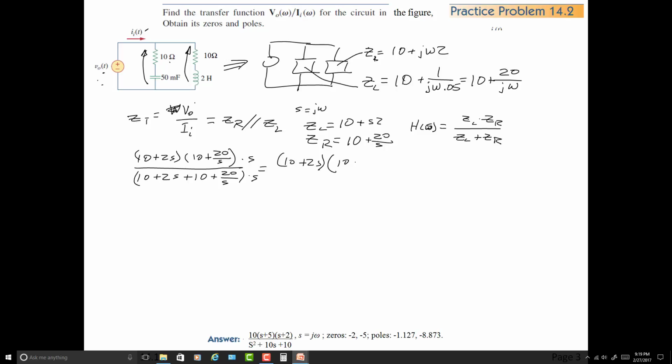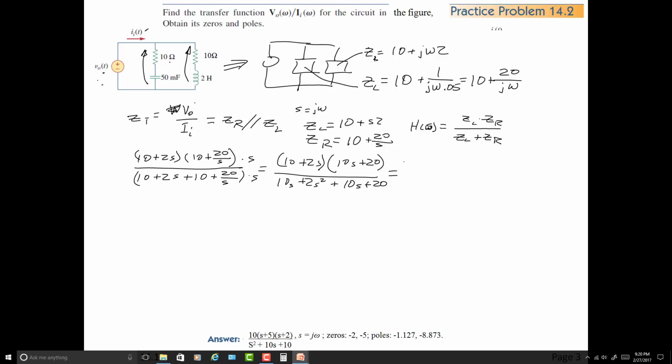And then you could have 10S plus 20, right, over. Do it again here, and we've got 10S plus 2S squared plus 10S plus 20. All right, let's just keep going and multiply all this out.